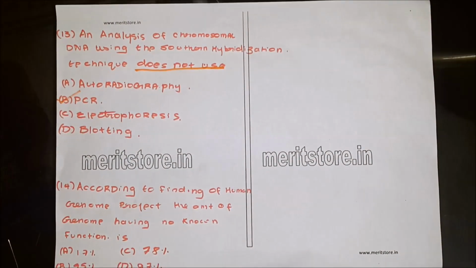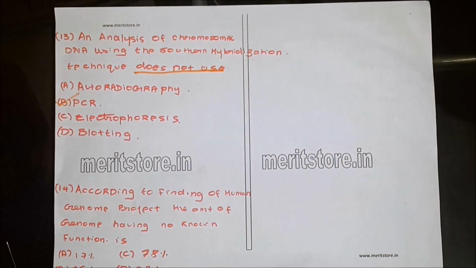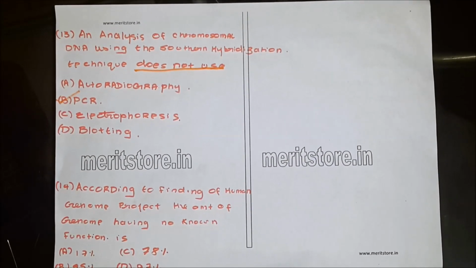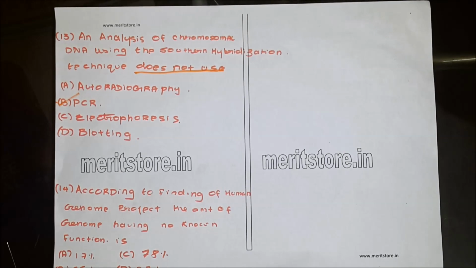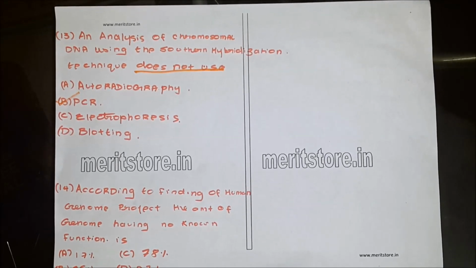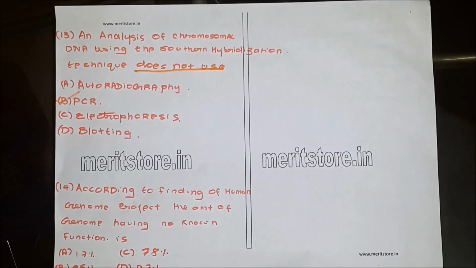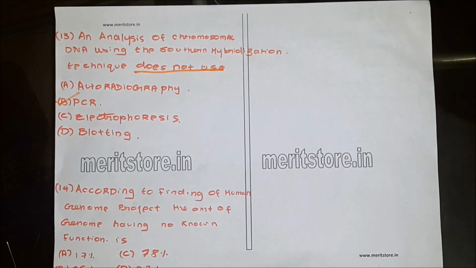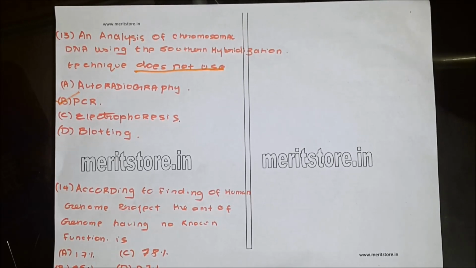Moving on to the next MCQ. According to the findings of Human Genome Project, the amount of genome having no known function is, our options are A. 17%, B. 45%, C. 78%, D. 97%.